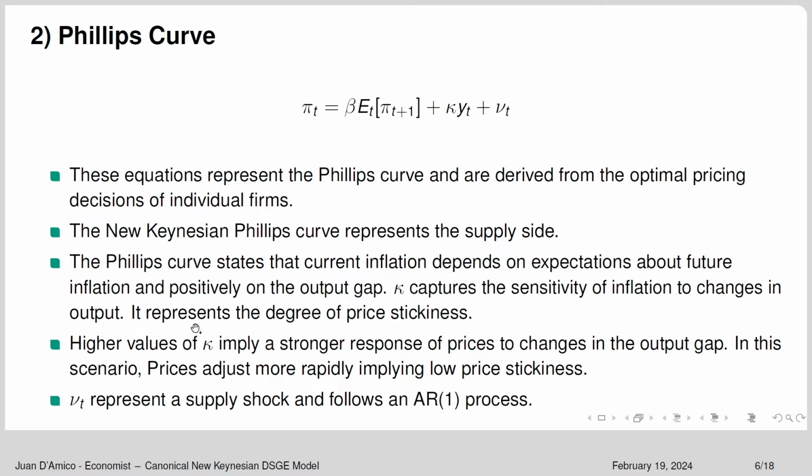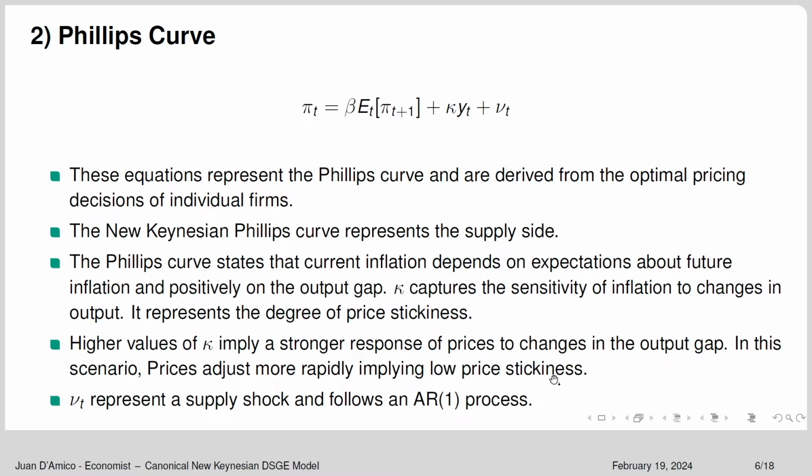Now, let's analyze this kappa value a bit. Higher values of kappa imply a stronger response of prices to changes in the output gap. As you can imagine, if this value gets higher, then the impact of the output gap on inflation is going to be higher. So in this scenario, prices adjust more rapidly, implying low price stickiness.